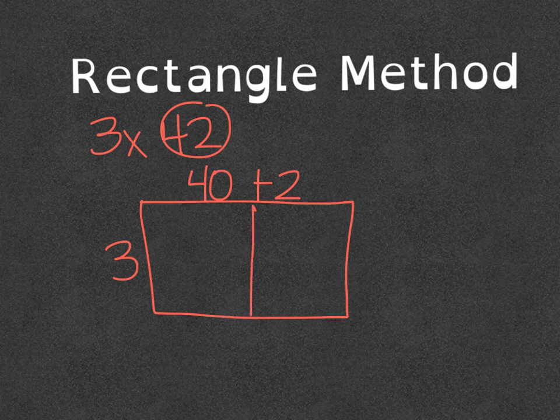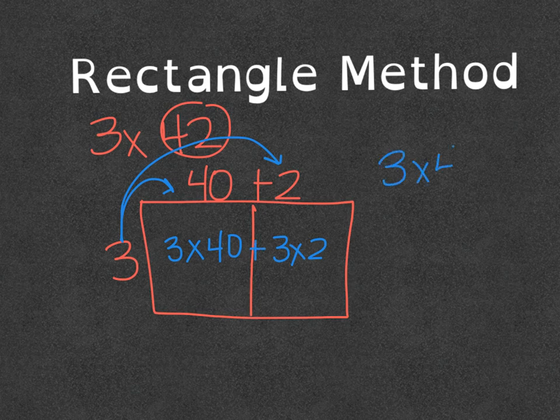Now I'm going to distribute the 3 to the 40 and then to the 2. 3 times 40, 3 times 2. And we're going to add those together. 3 times 40 plus 3 times 2 is your equation.